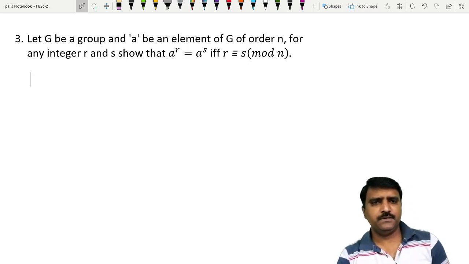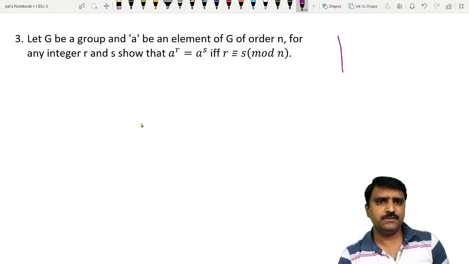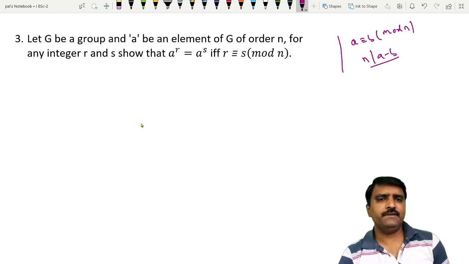So you should know these concepts. I assume you know the congruence concept, as you may have studied number theory in PU class. If A is congruent to B modulo n, it can be written as n divides A minus B. If n divides A minus B, you can write that relation as A congruent to B modulo n.